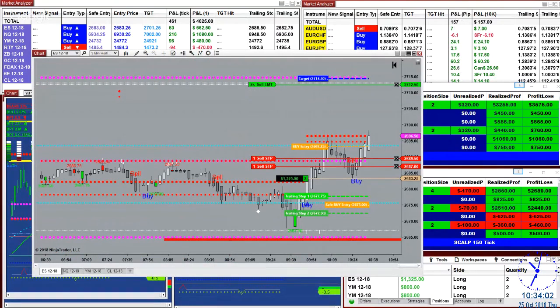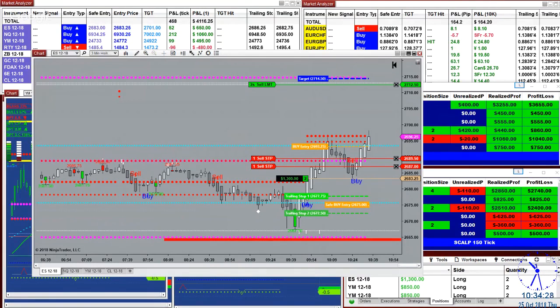So if you are breaking this double resistance and you are using this 1 minute, you don't know where you're going to be located. This is a final destination, 2712. And this time I'm going to reverse this market once we get there. But we will see the ES hitting 2712.